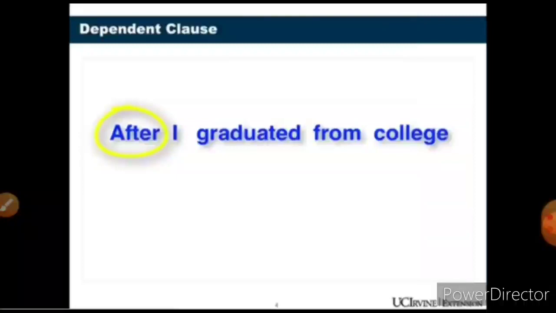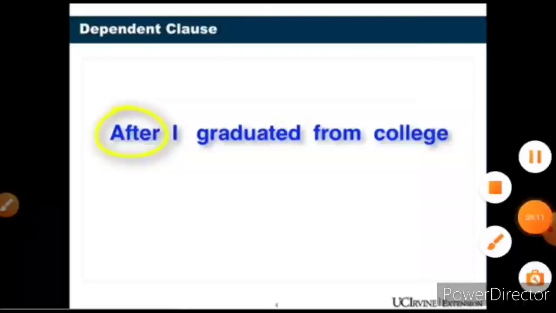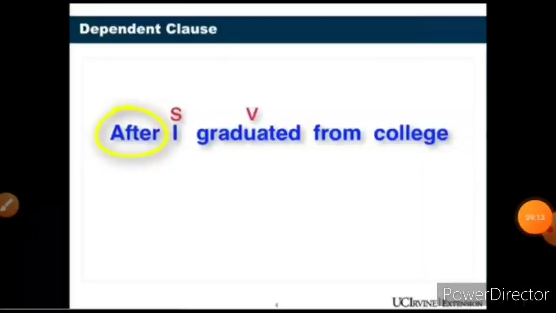Here after shows that this is a dependent clause. After I is your subject, graduated is your verb, but after is the main indicator which shows that this clause is a dependent clause.